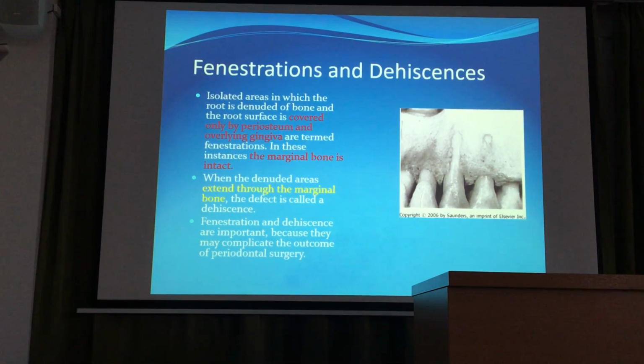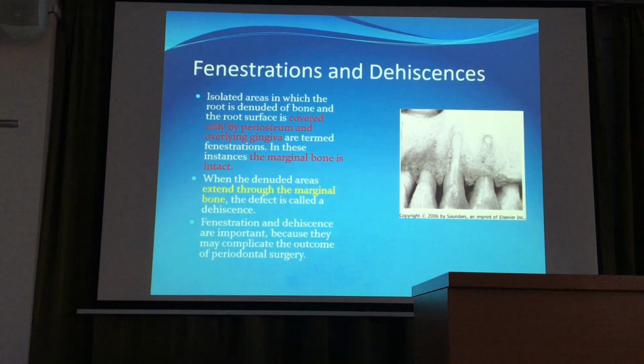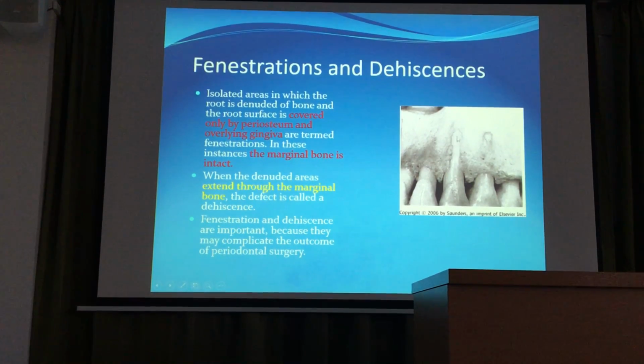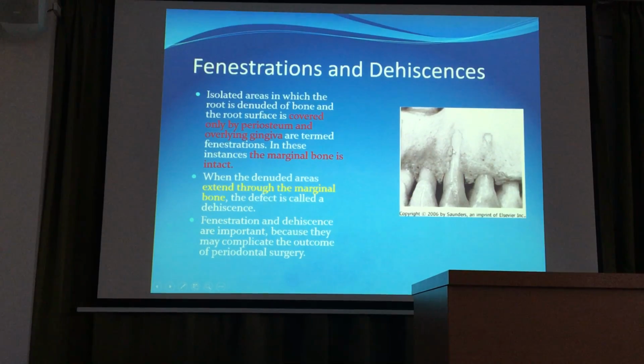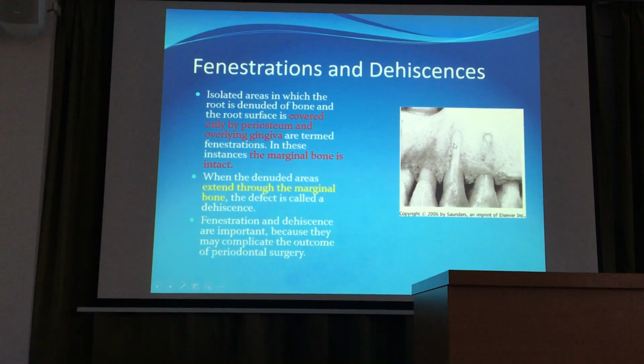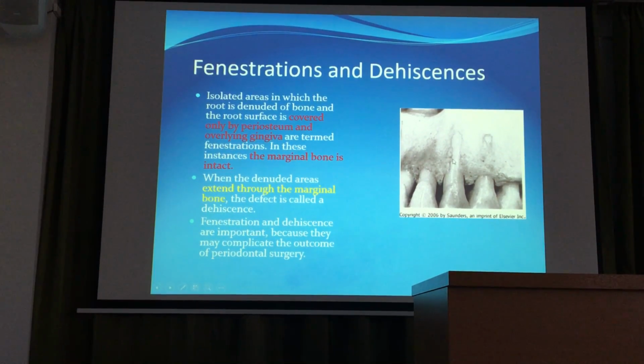Some anatomical things could be problematic for a dentist. Sometimes the vestibular part of the bone is completely missing, so the gingiva attaches directly to the root surface, and sometimes we have a small window. This is called a fenestration.